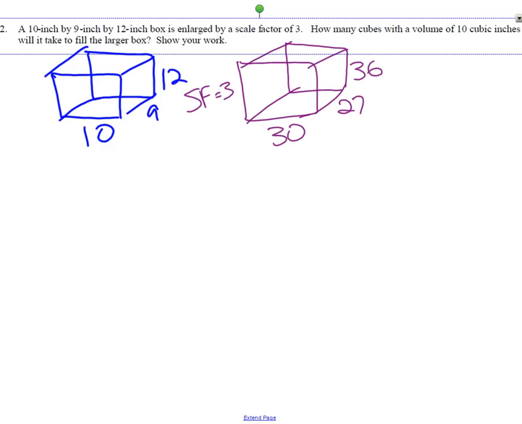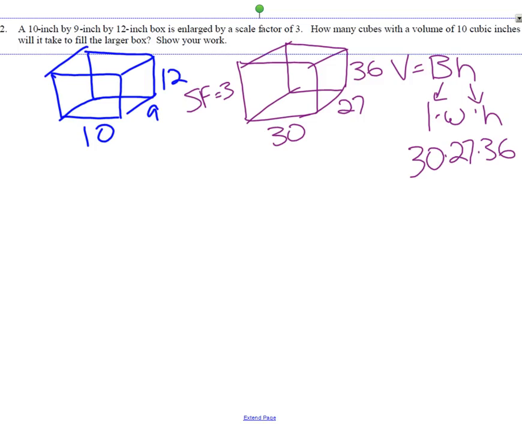So now how can we find the volume of that new shape? We just multiply. We can go back to our formula, and the area of the base is length times width. So this is 30 times 27 times 36. So you could work that out.